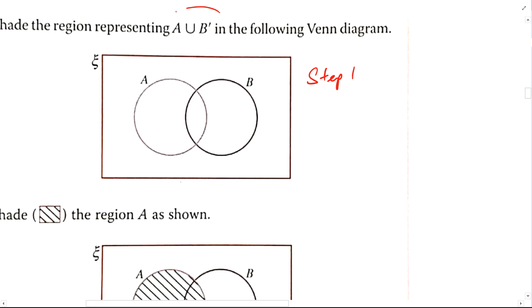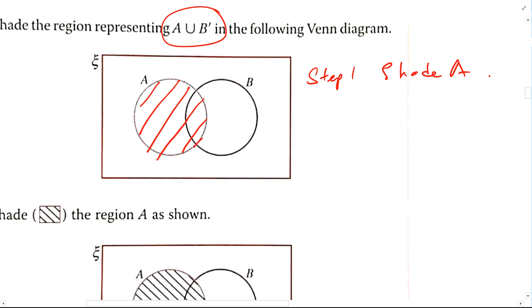I want A union the complement of B. So I will shade A. I'll shade the entire A, including this part. No need to be afraid of shading into B. As long as it's inside A, I want to shade it. Okay, this is for A.